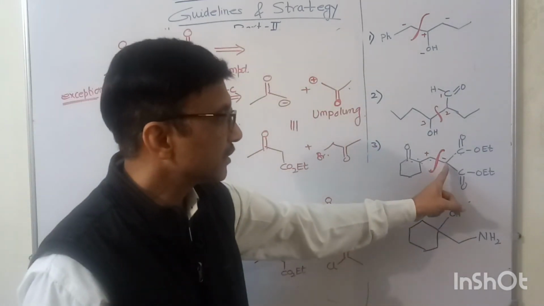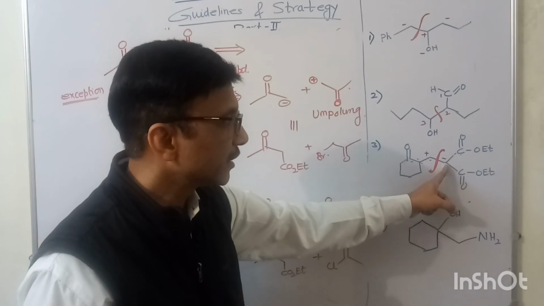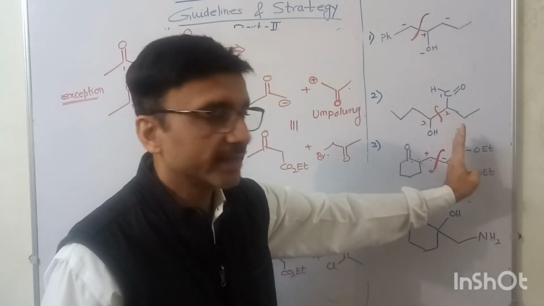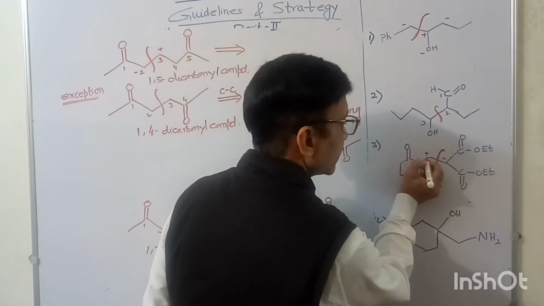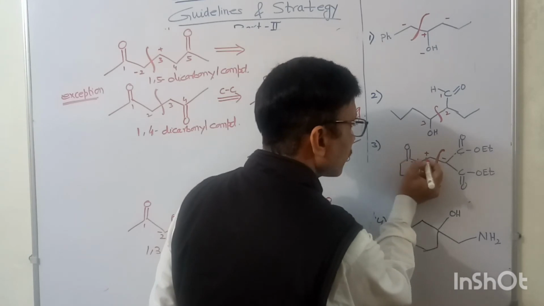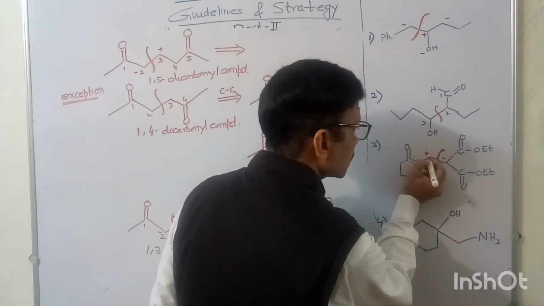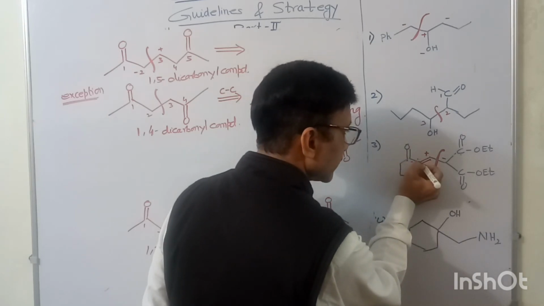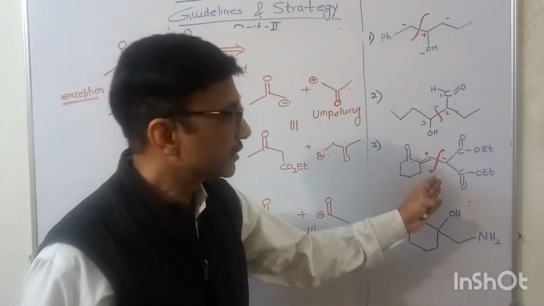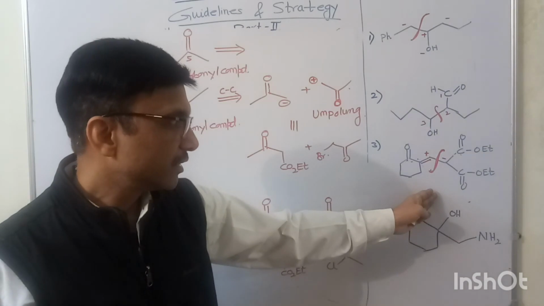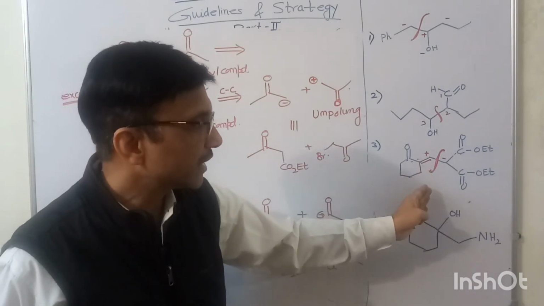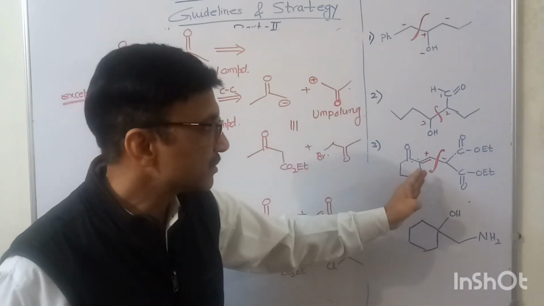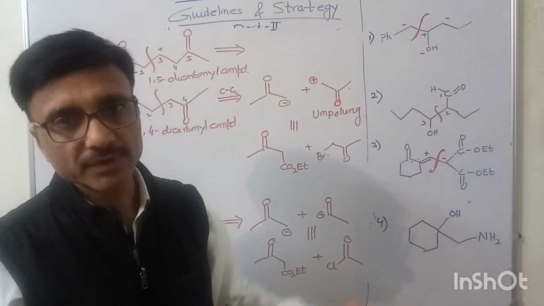H plus can be added over here, and you will get the malonic ester. And for this, the synthetic equivalent, as the positive charge is present on the third carbon from this carbonyl carbon, you will take a double bond. We will see such examples further, with the disconnection and complete electrosynthetic analysis.